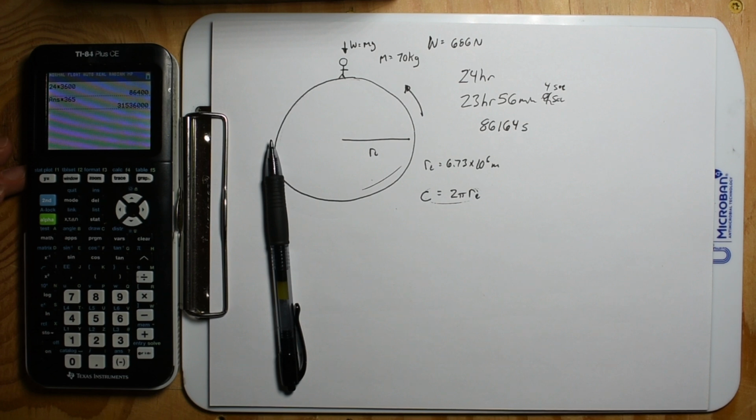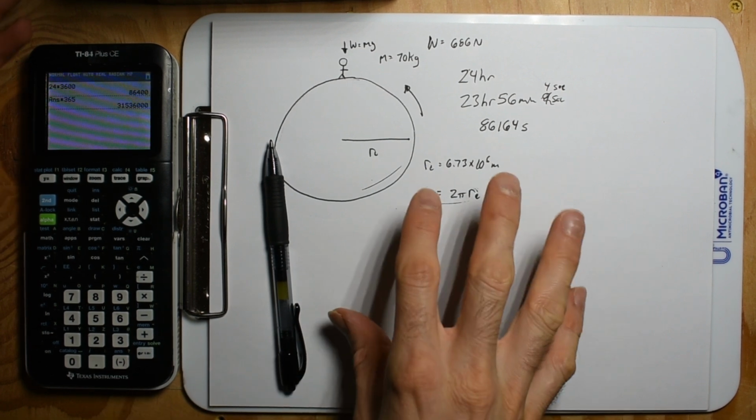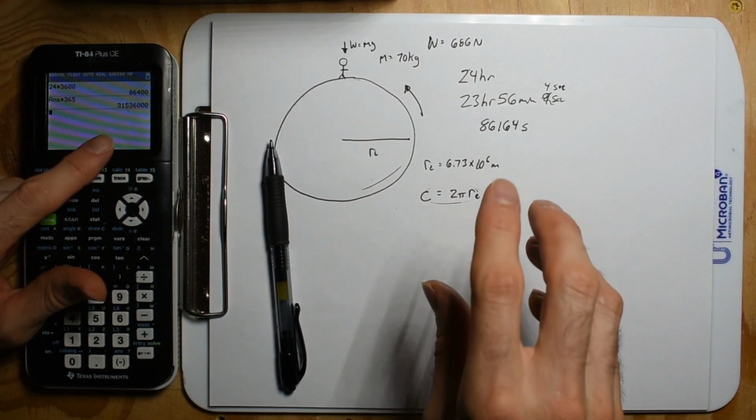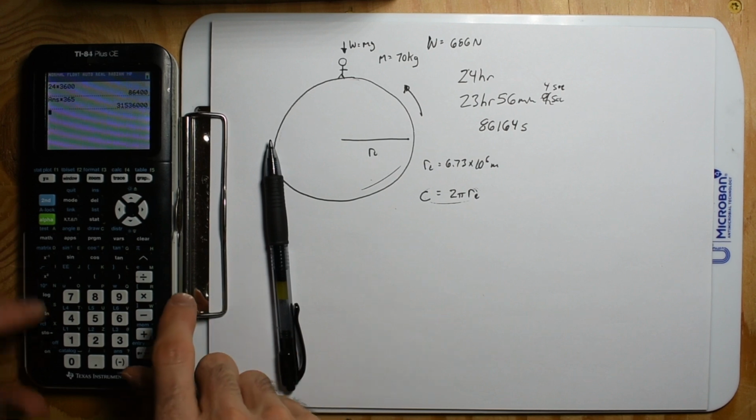But in that amount of time, the Earth did not spin 365 times.